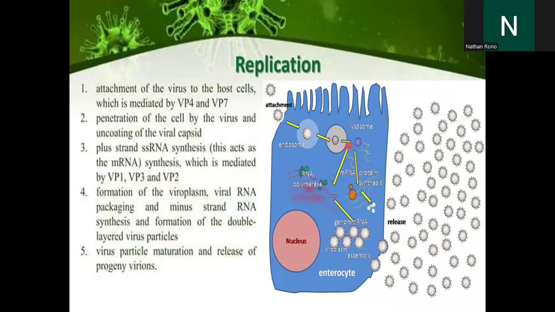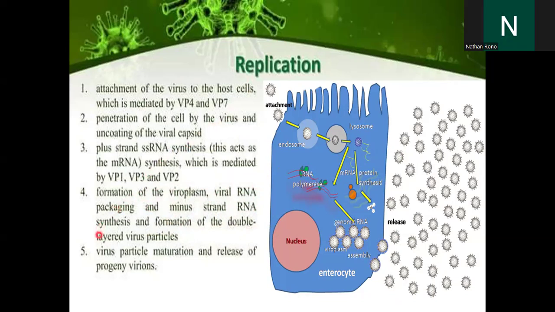Now, after synthesis of the single-stranded RNA, there'll be formation of the viral plasm. Similar to a cytoplasm, it is the fluid, okay? Then viral RNA packaging, and minus strand RNA synthesis and formation of double-layered virus particles, okay?